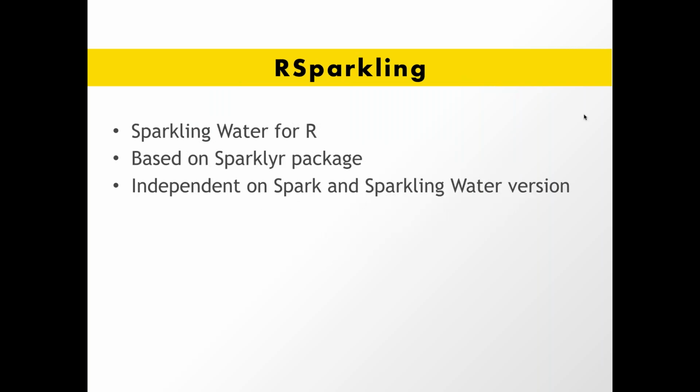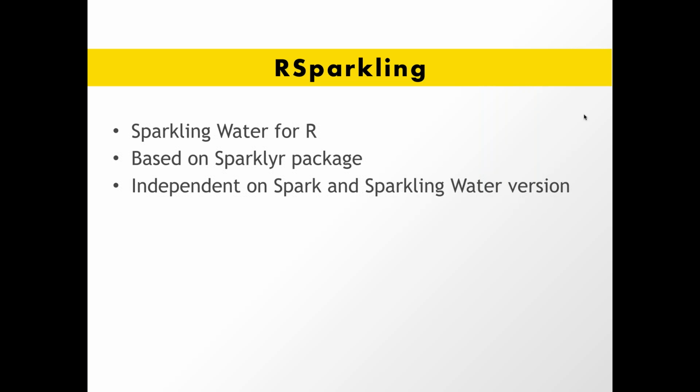And we also have RSparkling. That's the implementation of Sparkling Water for R. It's based on the sparklyr package. We use the sparklyr package for communication with Spark, and on top of that we build the Sparkling Water layer. We just use the Sparkling Water exposed methods in RSparkling.